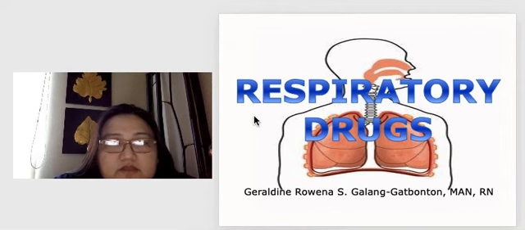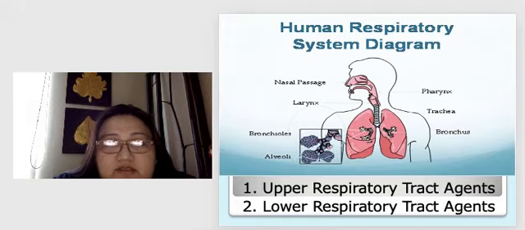Okay, so the topic for today is about respiratory drugs. And when we discuss respiratory drugs, we basically divide the respiratory system into two: the upper respiratory tract agents and the lower respiratory tract agents.